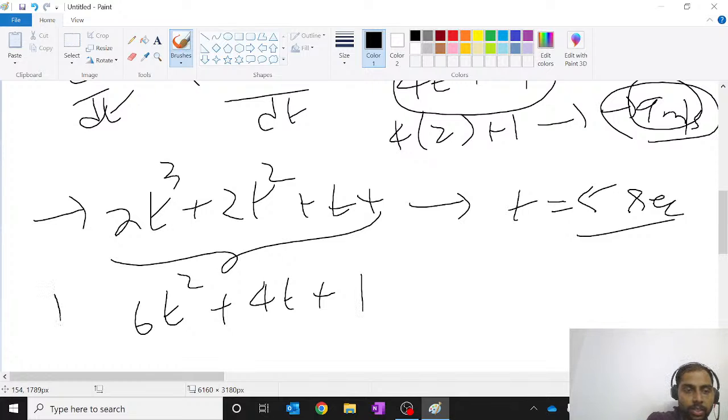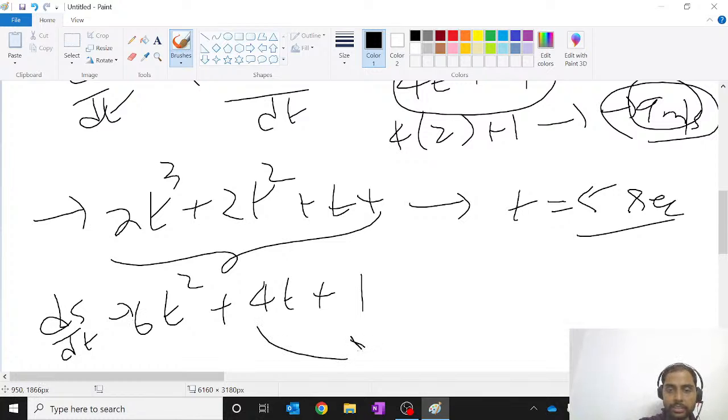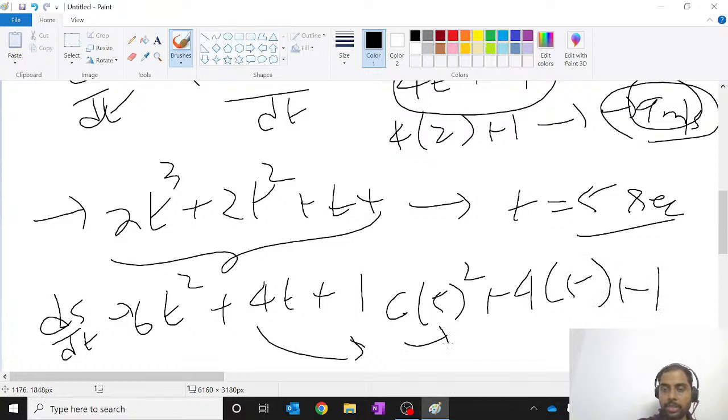At 5 seconds, that is 6 into 5 square plus 4 into 5 plus 1, which is 6 into 25, 150, plus 20 plus 1, which is 171. So my instantaneous velocity at the instant when t is 5 is 171.